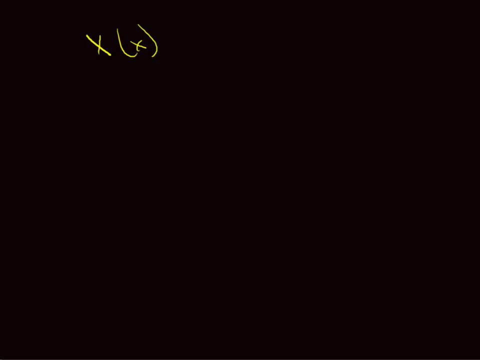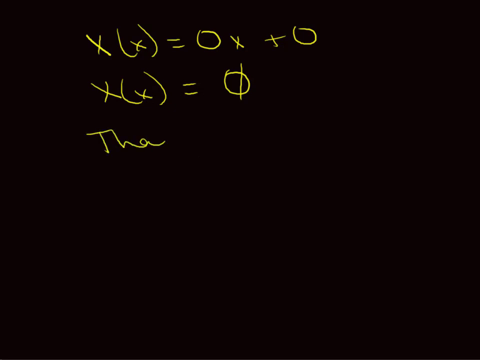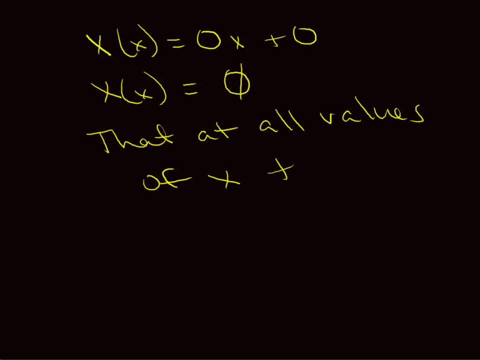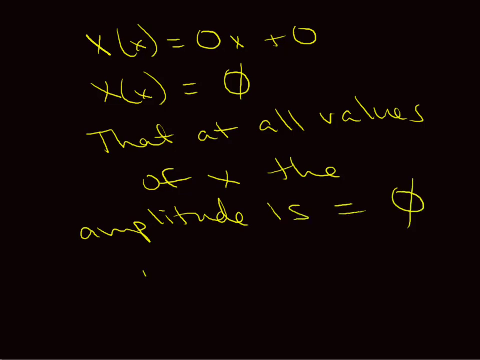Well, what does that mean? If we have X of x equal to 0 times x plus 0 at all of those positions as a function of x, that basically means that at all values of x, the amplitude of the function is equal to 0.